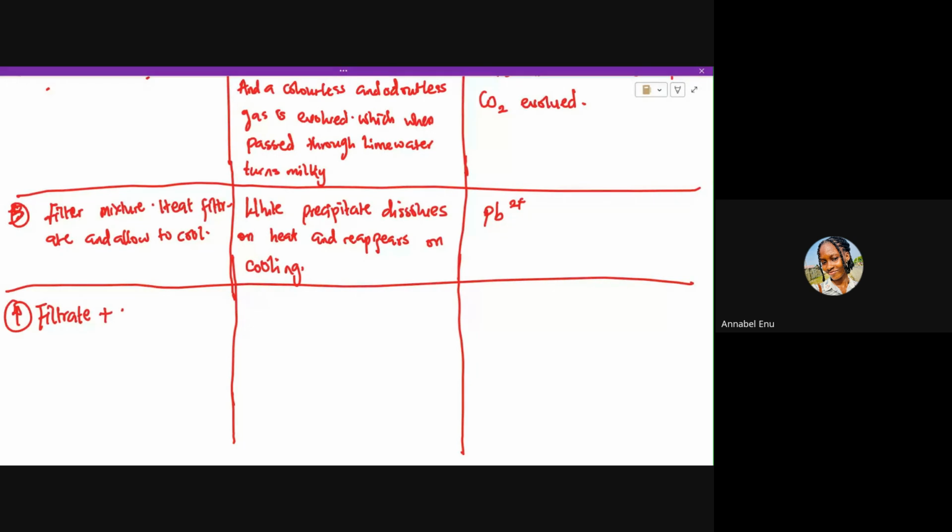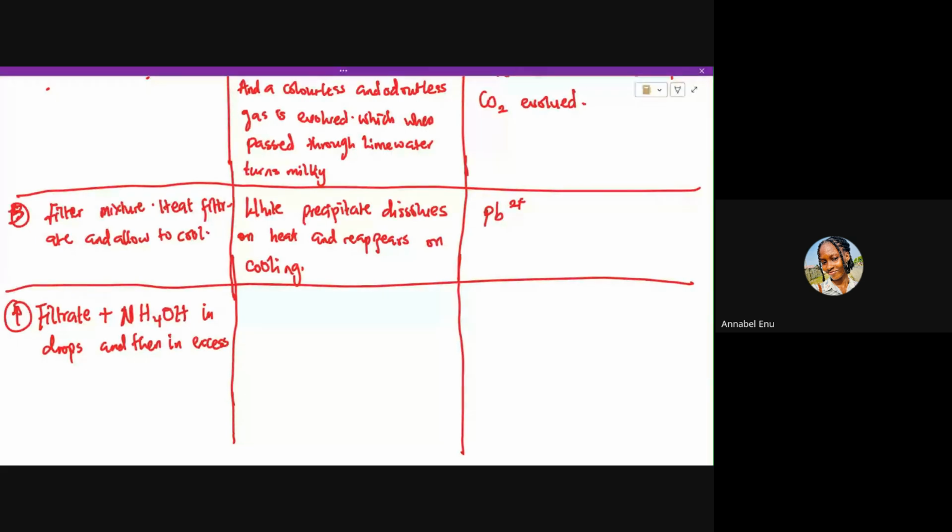with our NH4OH, ammonium hydroxide, in drops and then in excess. This is another step we could be asked to take.